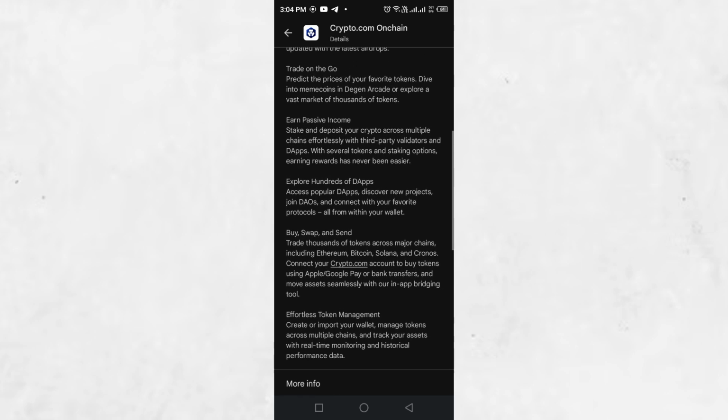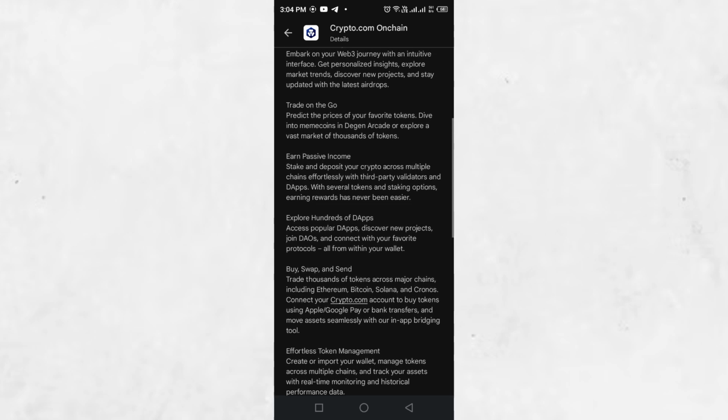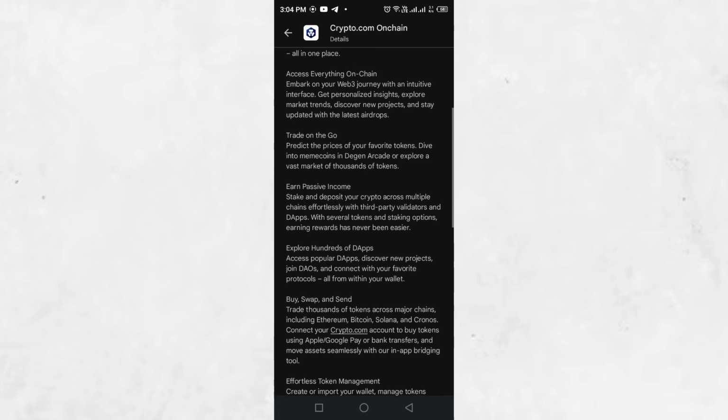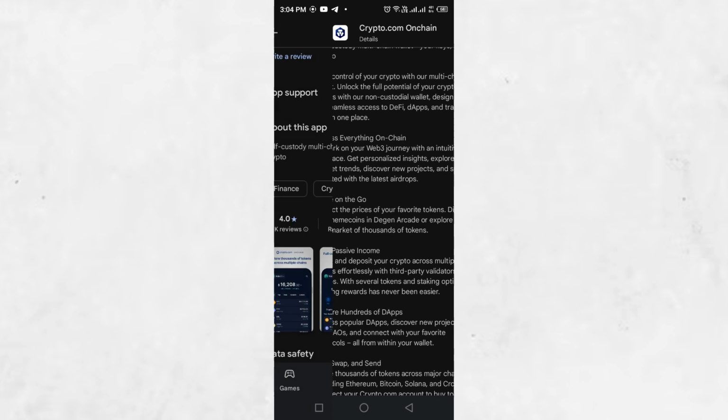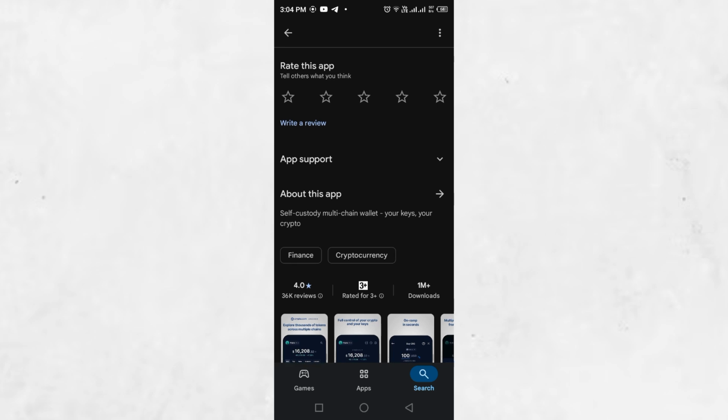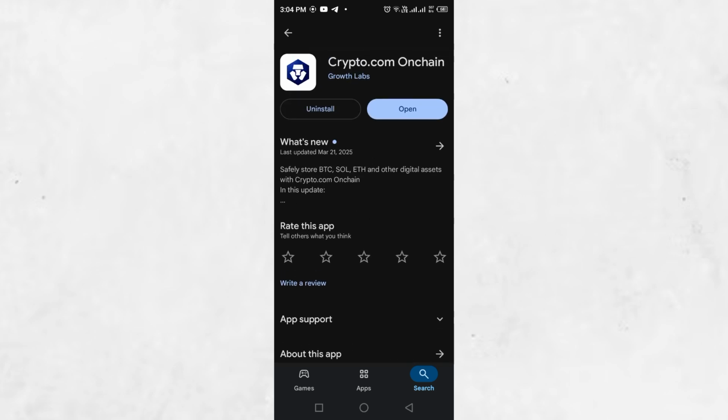With real-time market tracking, secure wallet management, and a variety of earning opportunities, users can easily stay on top of market trends and maximize their portfolio's potential. The app also integrates seamlessly with the Cronos blockchain, giving users access to cutting-edge DeFi and NFT projects.